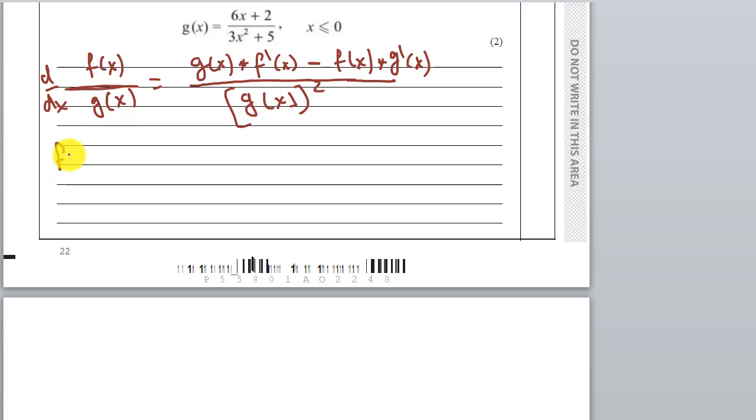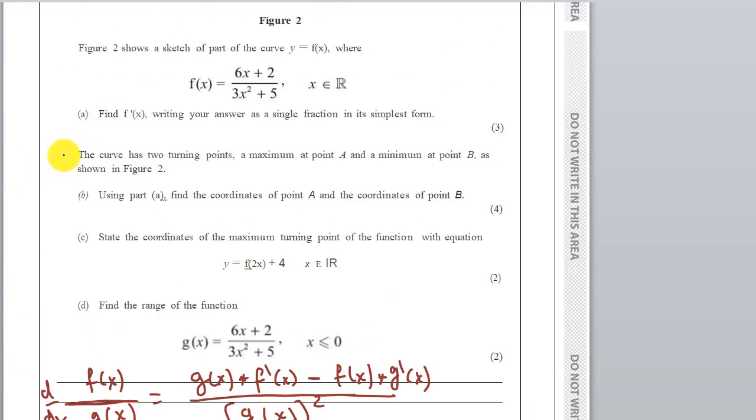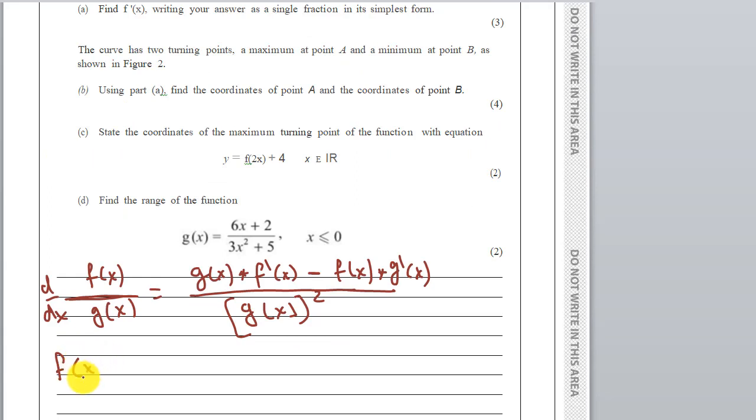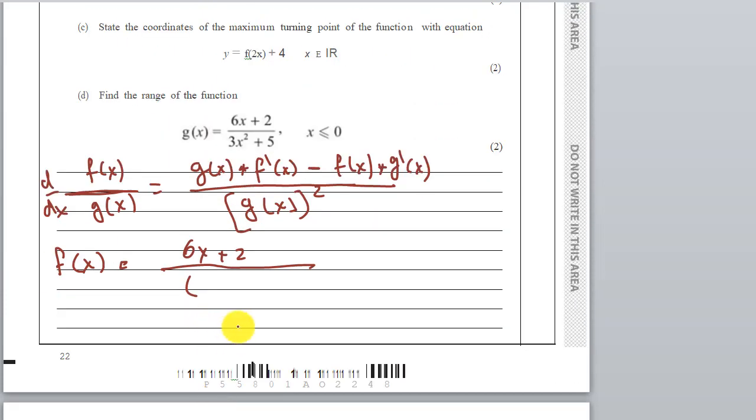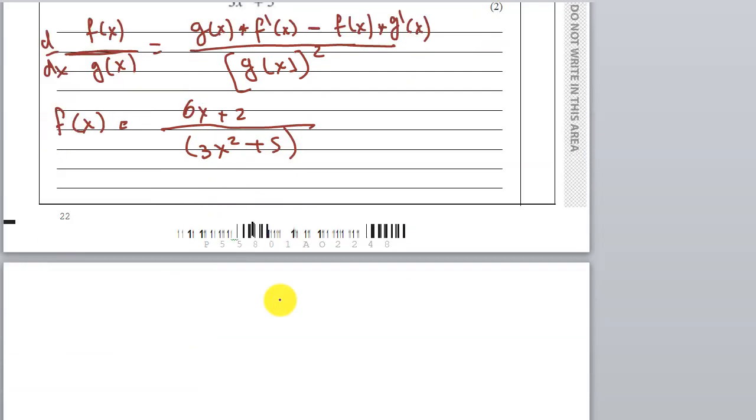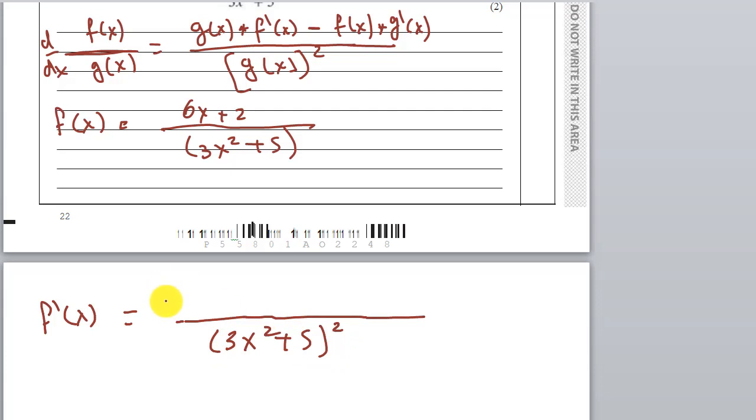We have f of x here is equal to 6x plus 2 divided by 3x squared plus 5. So if we apply the same rule here, f dash of x is equal to, with 3x squared plus 5 squared at the bottom.